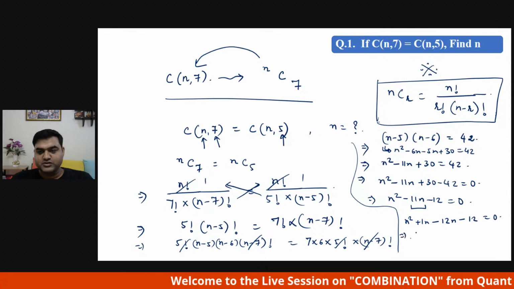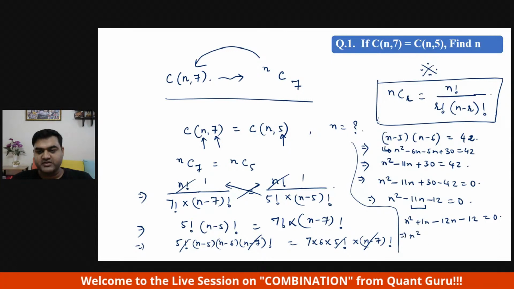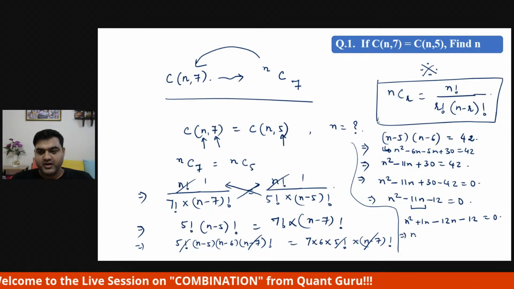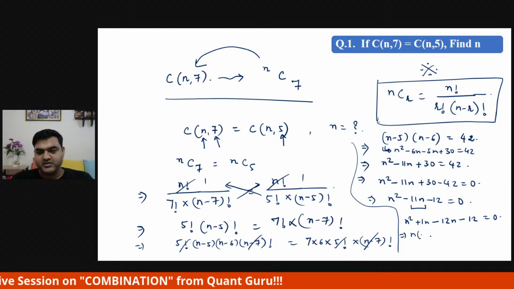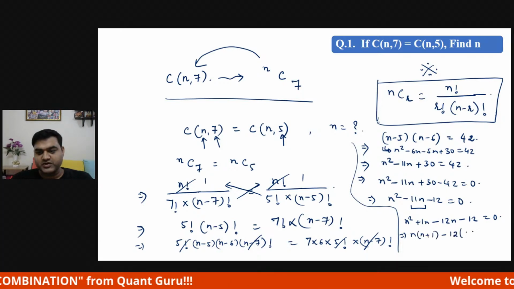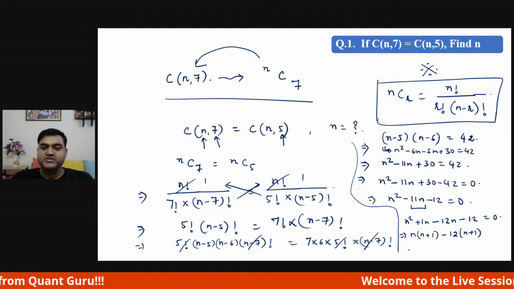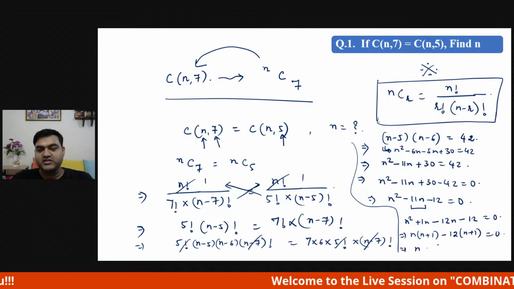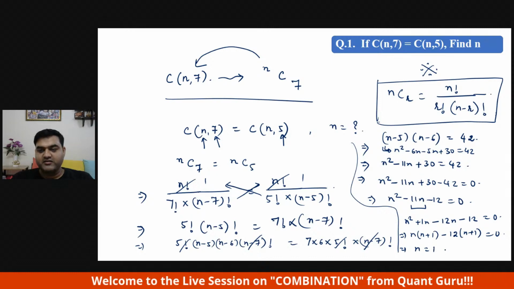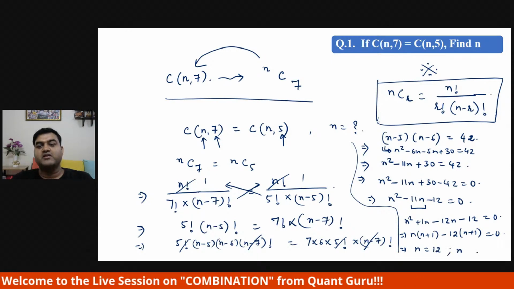That means n square, and you take n common here, n plus 1, here you take 12 common, n plus 1 is equal to 0. That means the value of n is either n is equal to 12 or n is equal to minus 1.